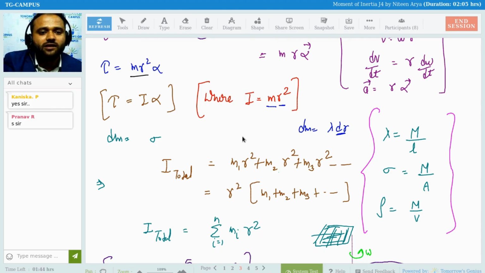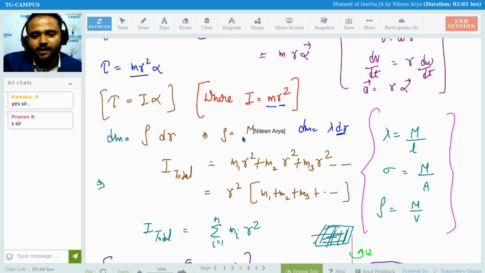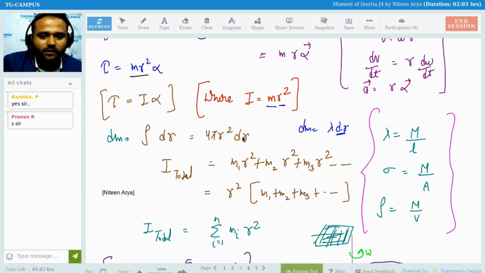Similarly, for a 3-dimensional thing, I can write this dr, but this is mass per unit area, and for area I can put 4 pi r square dr. Suppose there is a ball.